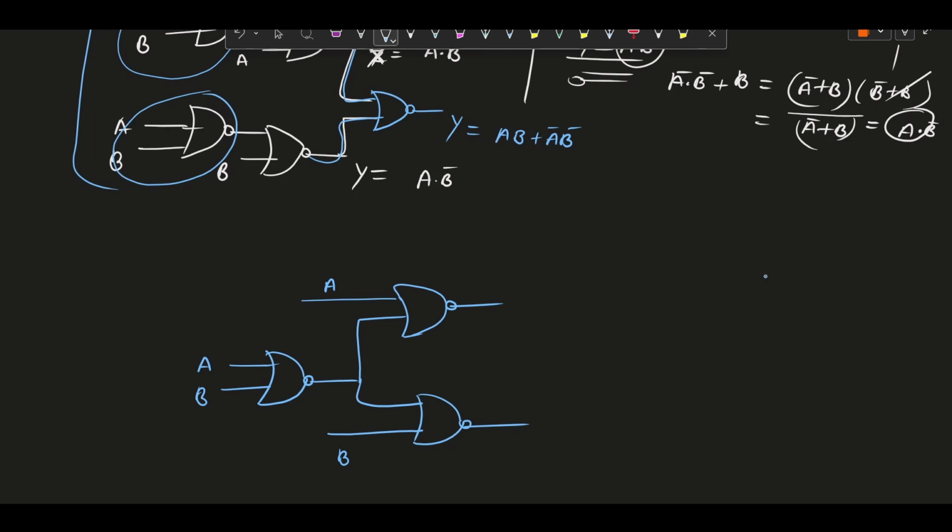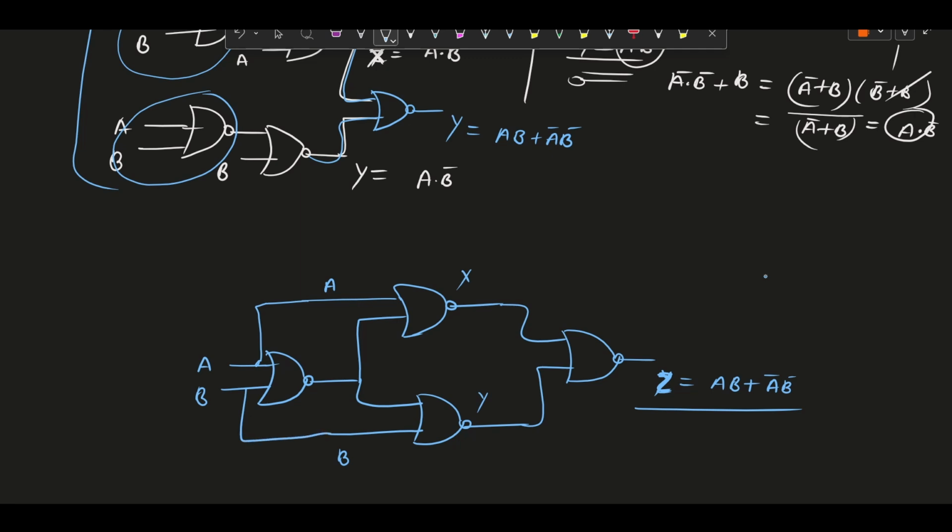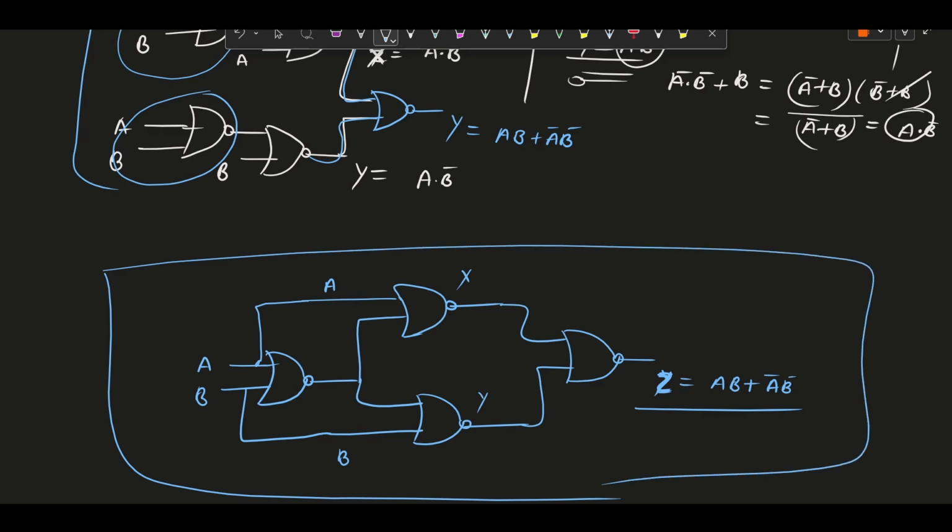So this is the X term and this is the Y term, and the outputs of these two terms are connected to again a NOR gate. Here let's suppose this is the final output Z. So we will get here the XNOR gate. That is all we are implementing from this question, and this input we can take from the common point. So this is the final implementation of the XNOR gate using NOR gates.